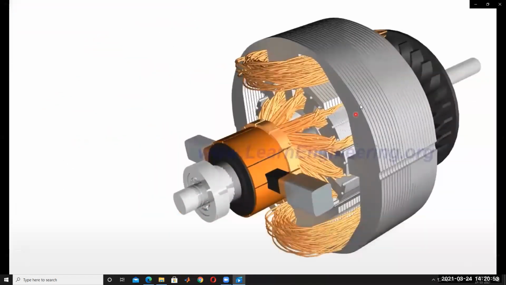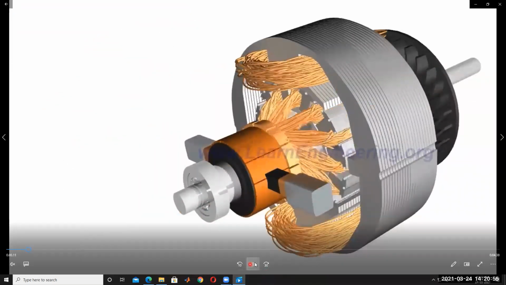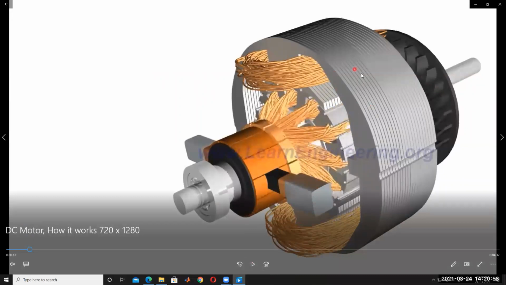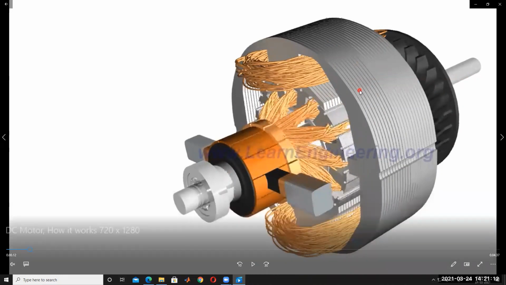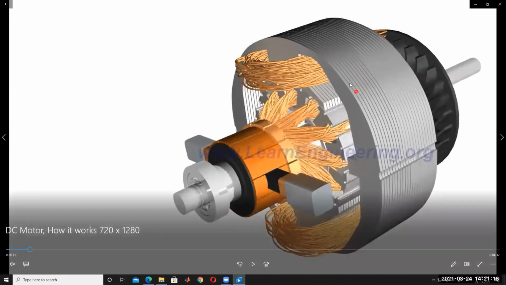This is called the stator, same as an induction machine. Here also the machine has a stator core. The stator core is not made of a single solid material; it is made of different strips or sheets.